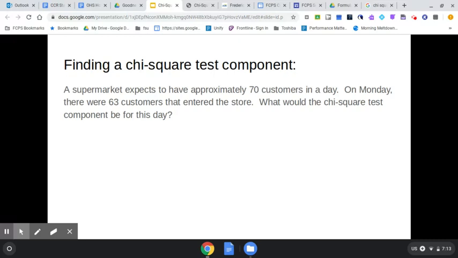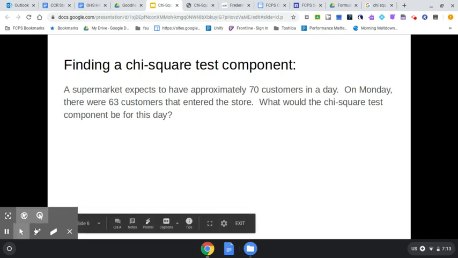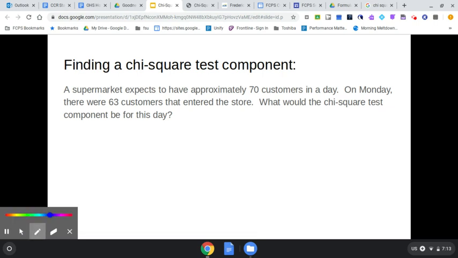On this particular example, guys, we're not going to have multiple categories that we're going to be finding the chi-squared summation of. We're just going to find this one. So it tells me that the supermarket expects to have 70 customers. So that's the expected value, that's E. But they actually had 63 customers. That's the observed value. So that's O.